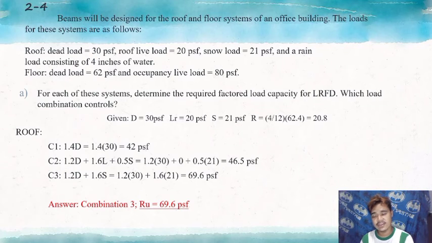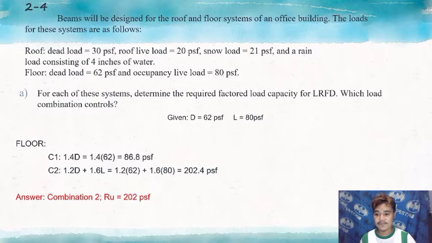And for our combination 3, we have 1.2D plus 1.6S, and the value of our combination 3 is equal to 69.6 PSF. So the required load capacity for our roof system is from combination 3, which is 69.6 PSF.